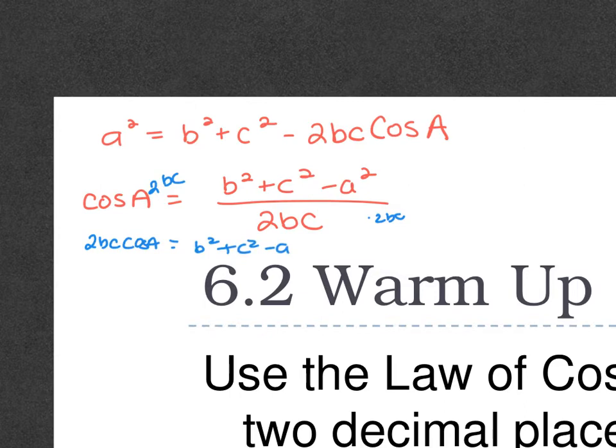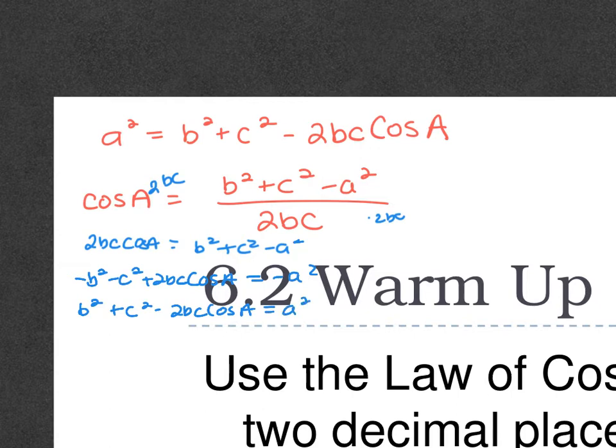If I subtract the b squared and the c squared, I'd get negative b squared minus c squared plus 2bc cosine A equals negative a squared, and then all of my signs would just flip. So if you forget one or you're unsure of the order, one can be derived from the other.